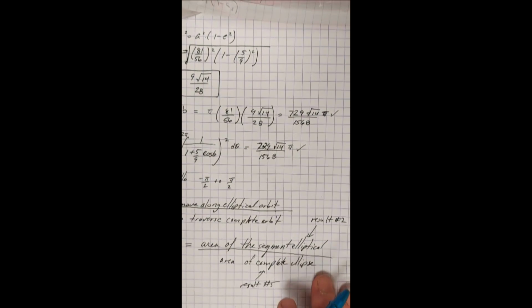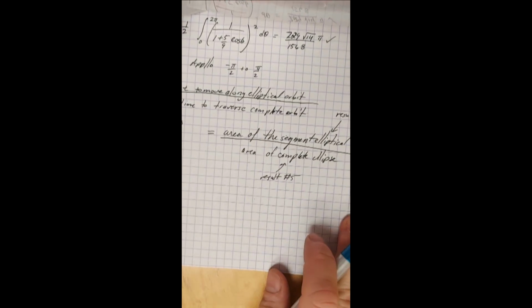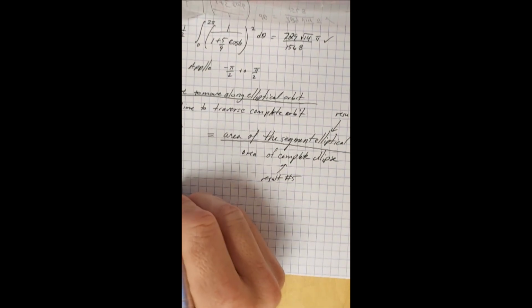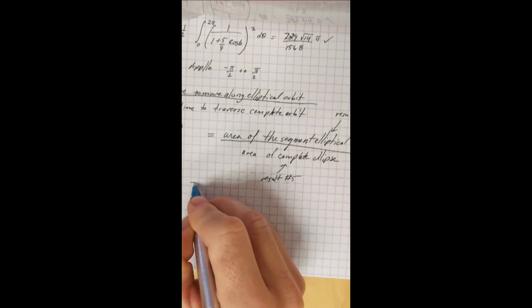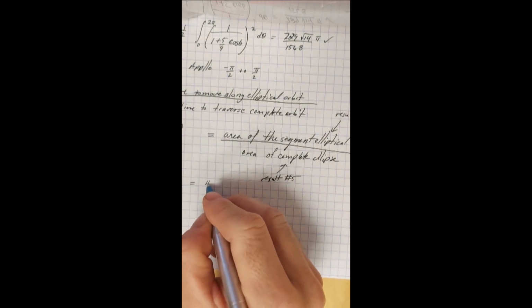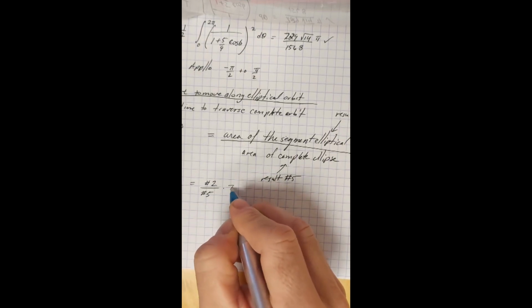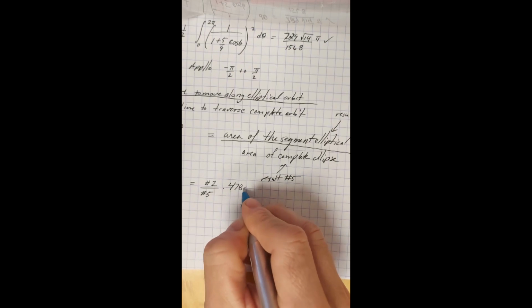Okay, all right, so all we need to do is plug that information in, and then we can get our results. So we have that the time we're looking for is equal to number 2 divided by number 5 times 478 days.